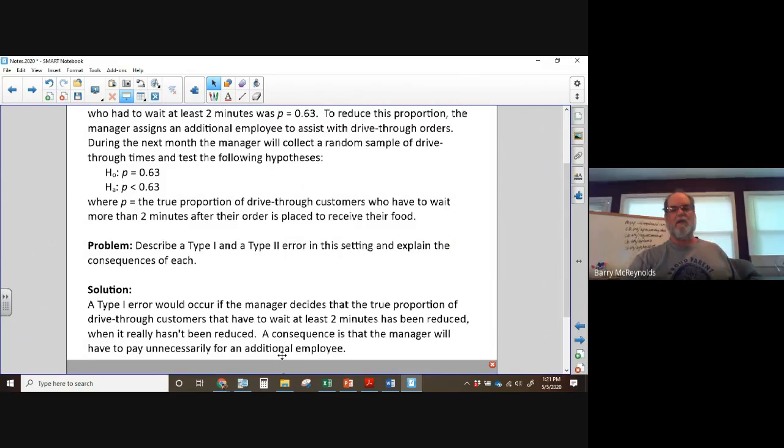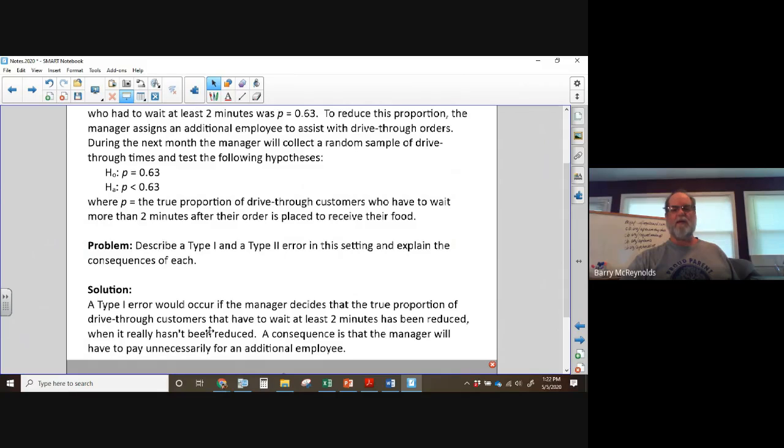In other words, we couldn't conclude in favor of the alternate hypothesis that the proportion of customers who waited a long time has actually gone down. So type 1 error would be if the manager decides that the true proportion who waited a long time has been reduced, but it really hasn't been.